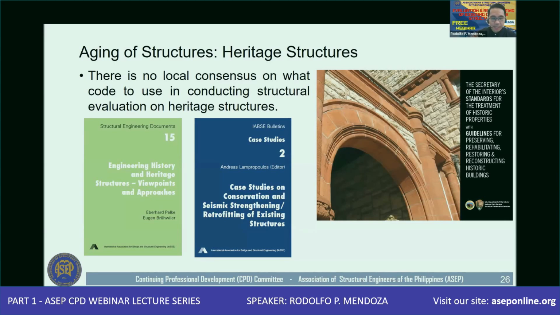It is not really a technical reference, but rather a practical reference that gives you a guide in how to preserve and how to prioritize structural elements in doing the evaluation of this historic structure. So basically, this document already includes that aspect of conservation in doing the evaluation. Then we also have other references from IEBC, the SEI 15, as well as some of the case studies of IEBC.